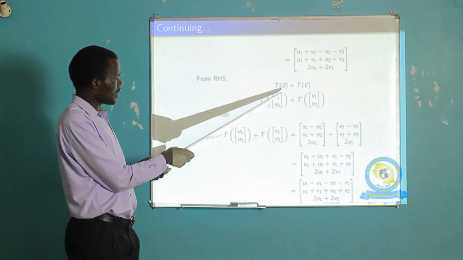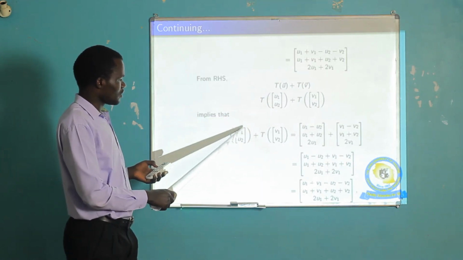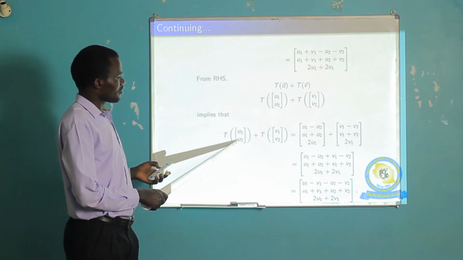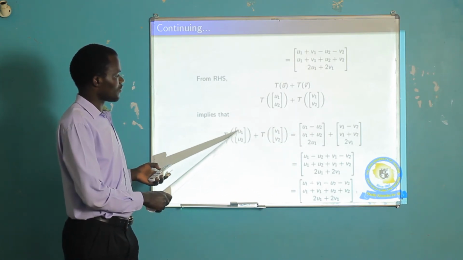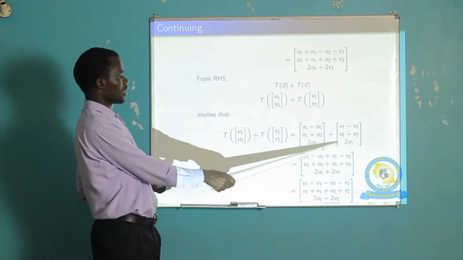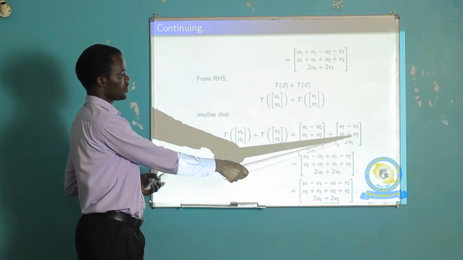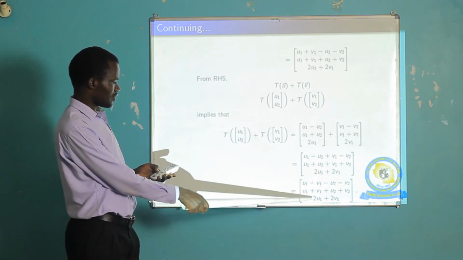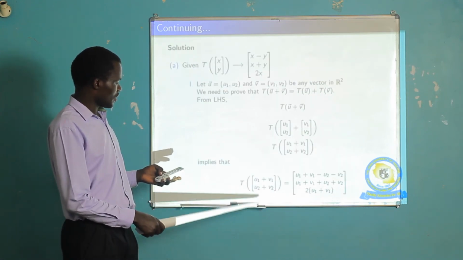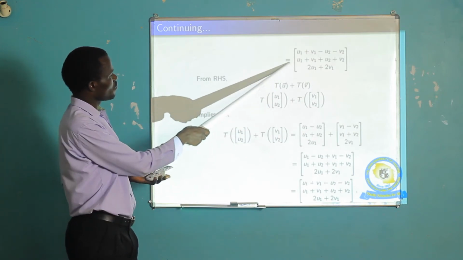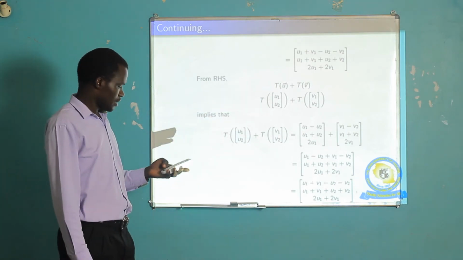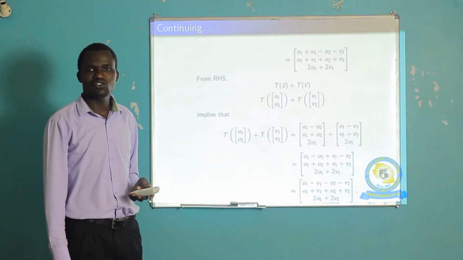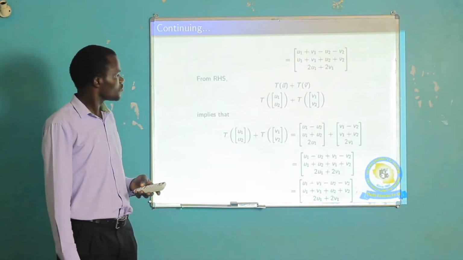For this one, the first entry, the second entry, we are summing them, and the third entry, we are taking just twice the first entry, which gives this one. And summing this up, you will see that this result is the same as the result we obtained from the left-hand side. Because all these are satisfied, the first axiom is satisfied.